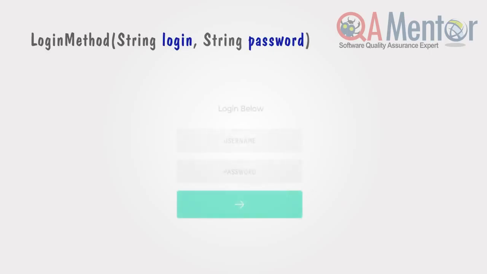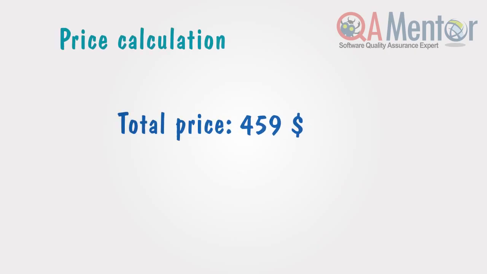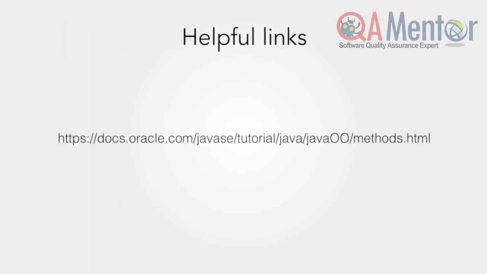You may want to compose a method which repeats a sequence of actions: set login, set password, and click login button. Or, as an example, if you work frequently with price calculations, you can create a method which retrieves the price string value of currency, parses the numeric value, and returns the value. We recommend that you read more information about methods using the following link.